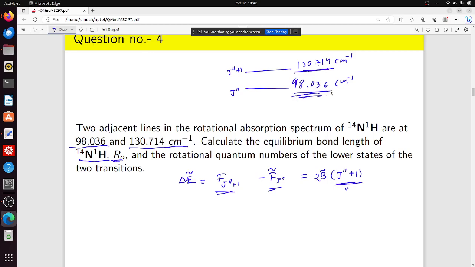Okay, this is actually the energy difference which is needed to excite the molecule from its ground state to this state. That means this is delta F for this state. Let me denote, sorry for the confusion.